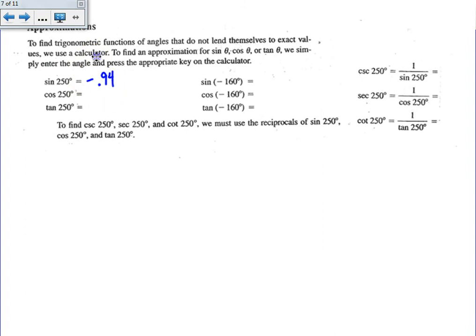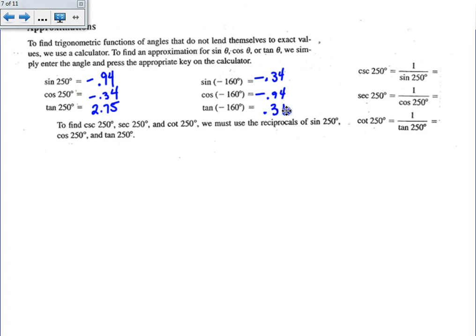We get negative 0.94, negative 0.34, and 2.75. Now when you type in sine of negative 160, you get negative 0.34, negative 0.94, and then tan of negative 160 is 0.36.